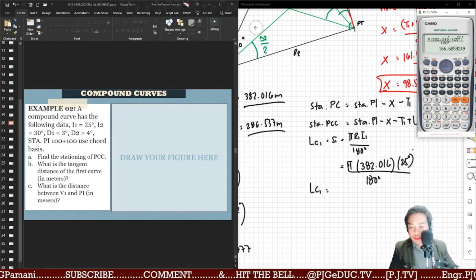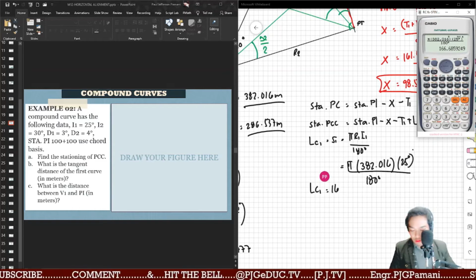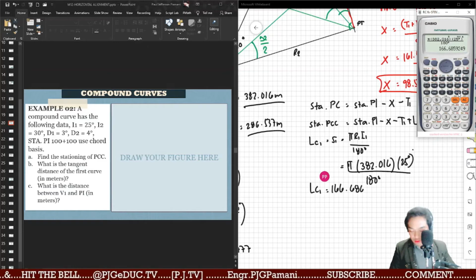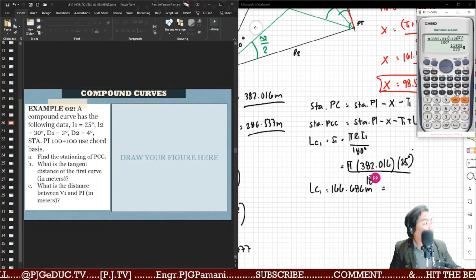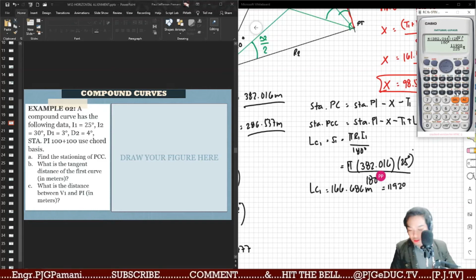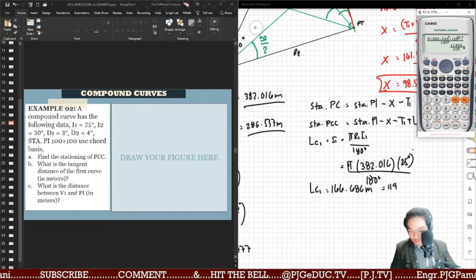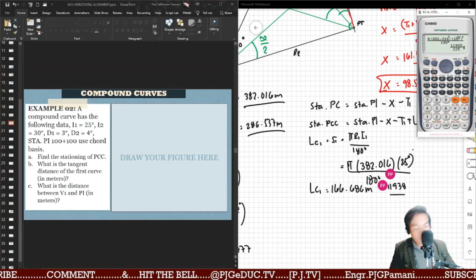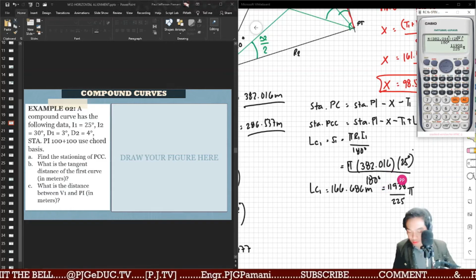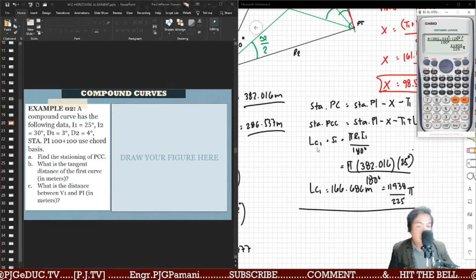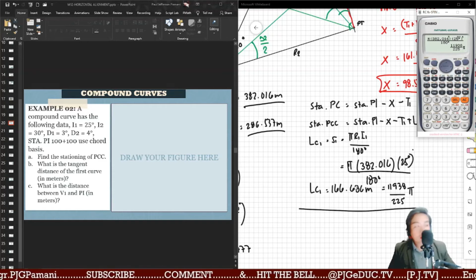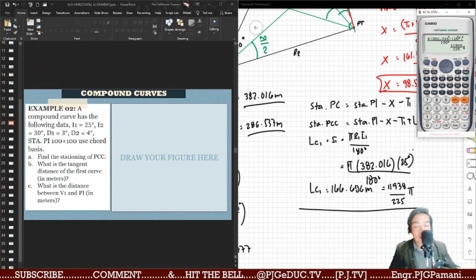That is 166.686 meters, or 11938 over 225 pi para buo. May pi kasi. Now, pwede na nating masolve si PCC.